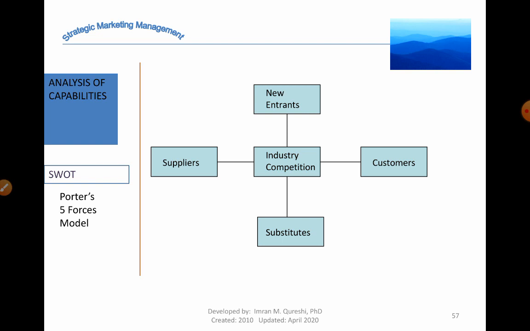So if the company is better as compared to its competitor, then it has more control over substitutes that would be coming into the market. That would be taken as a strength. If not, and competitors are better at that, then that will be taken as a weakness.